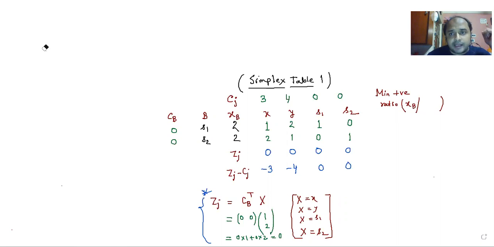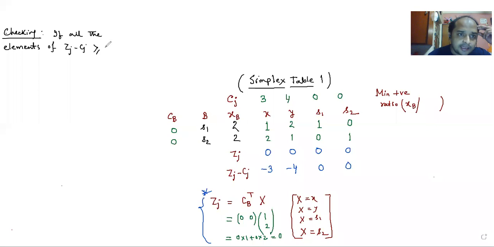What is the optimality condition of this simplex table? When do we say that optimality has been reached? So the checking criteria is: if all the elements of Zj minus Cj are greater than or equal to 0, we reach optimality.